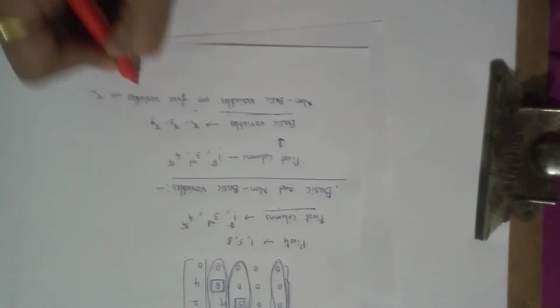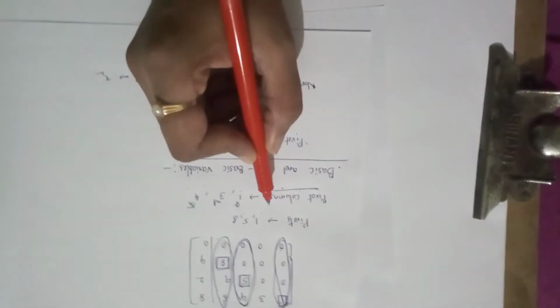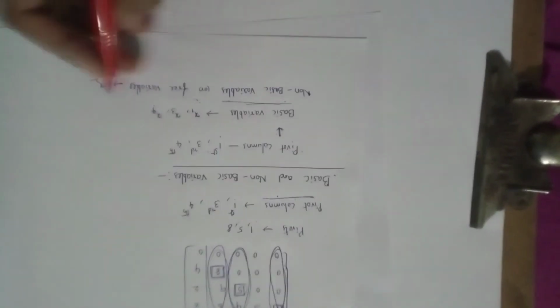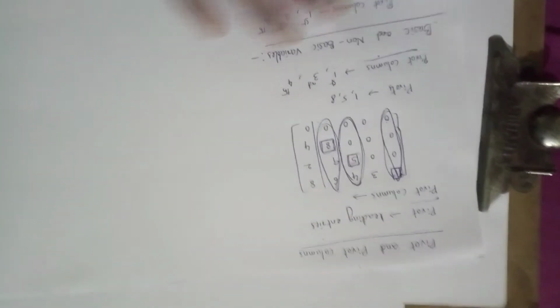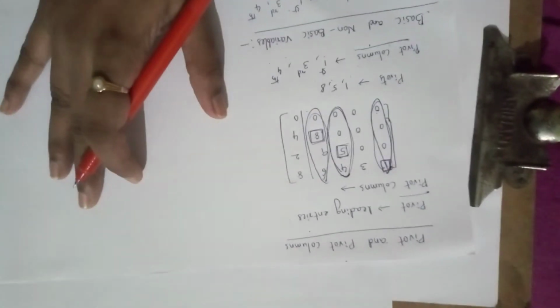Non-basic variables are also called free variables. In the above problem, the non-basic free variable is x2. This is pivot and pivot columns, basic and non-basic variables.